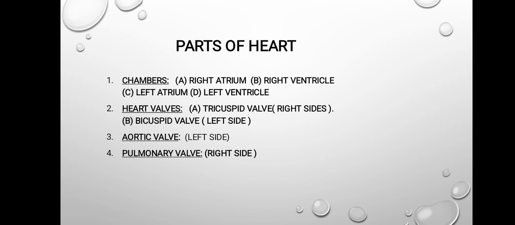The main function of this valve is allowing blood flow from the left atrium to the left ventricle. And the third one is the aortic valve which is present on the left side, which allows blood to flow from the aortic valve to the aorta. And the pulmonary valve, which is present on the right side, delivers blood to the lungs for filtration.